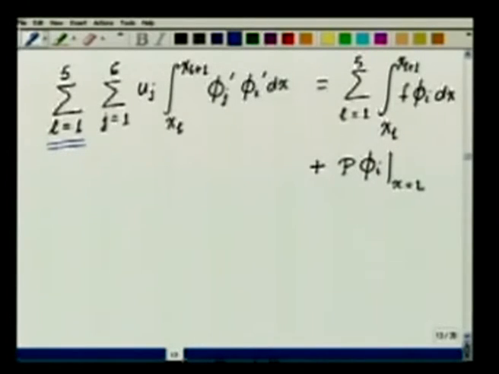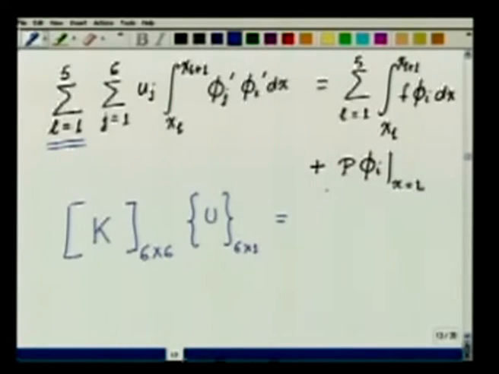Now if you look at it as such, we can write this set of 6 equations as a matrix K of size 6 by 6 into a vector U which is of size 6 by 1 is equal to a vector F. Now where does this come from?